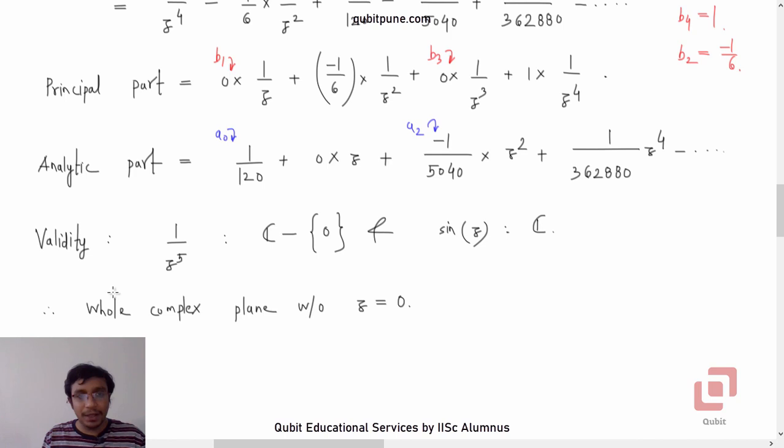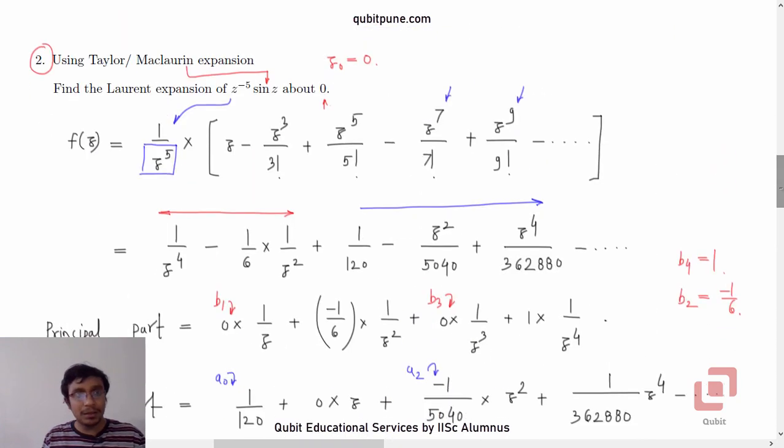So again, the region of validity will be the entire complex plane without the complex number z equal to 0. So we can make use of the Taylor series or the Maclaurin series directly, provided we ensure the convergence of the series. So this is the second way to obtain the Laurent series.